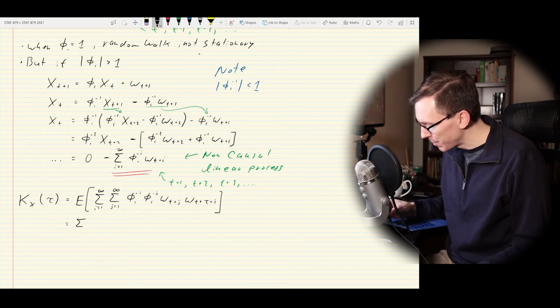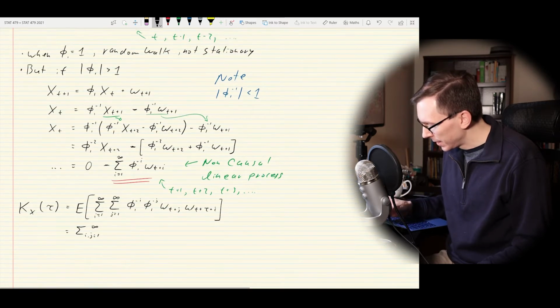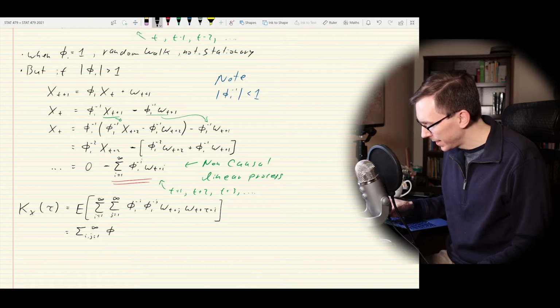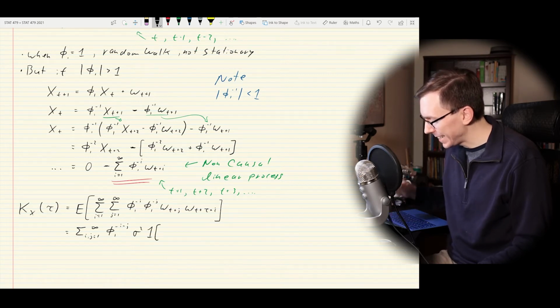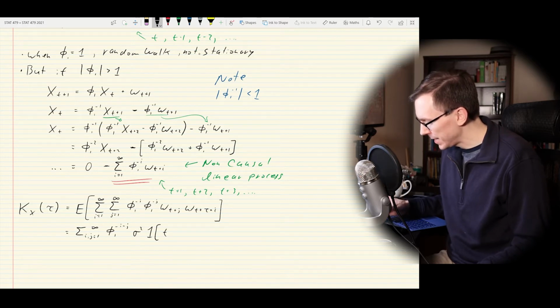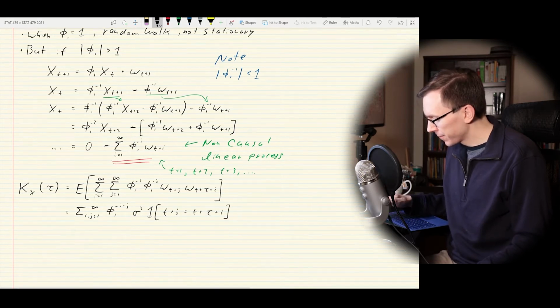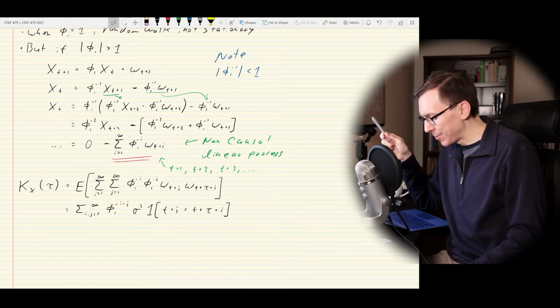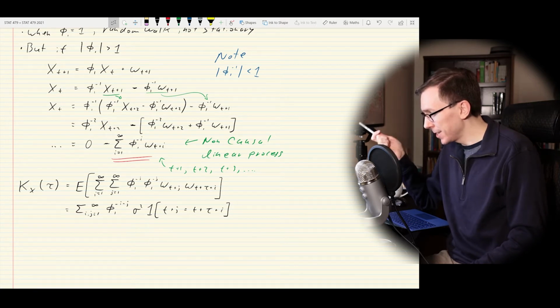So what I get is my sum over i and j, from 1 to infinity for shorthand. I can collapse the phi to the minus i minus j together. And then I get sigma squared, the variance of the white noise process, and an indicator function, t plus j equal to t plus tau plus i. Because that's the only setting when this thing is not 0.